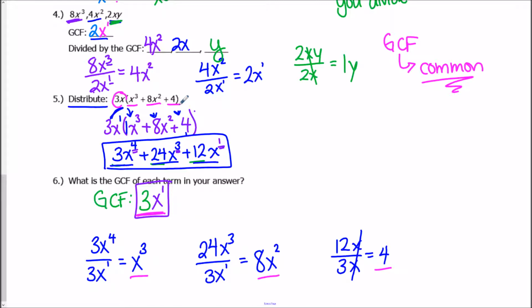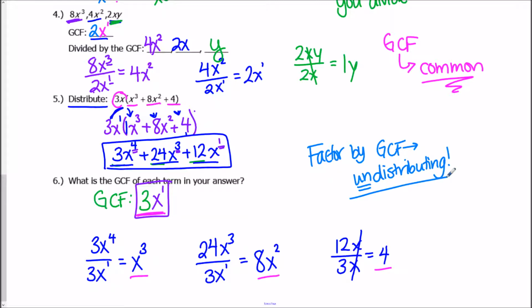So pretty much when you are factoring by GCF, you're just undistributing. And that will be very useful to us in the future when we actually apply this to some of the quadratics that we're doing. So factoring by GCF is essentially just undistributing.